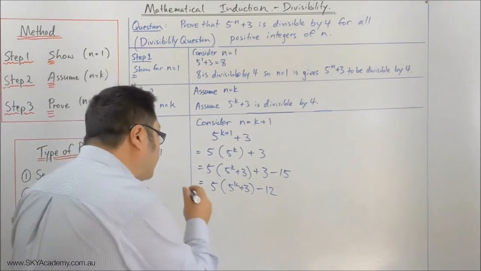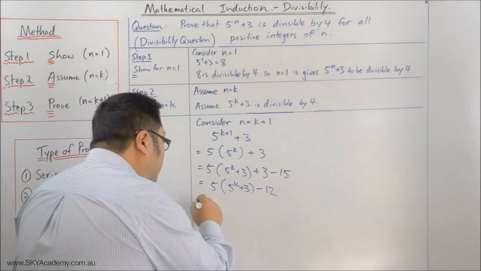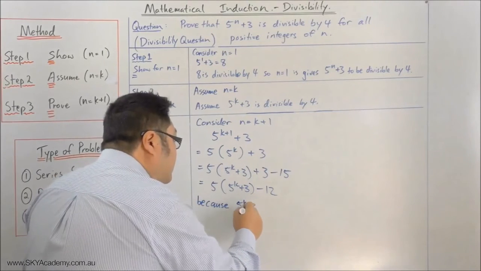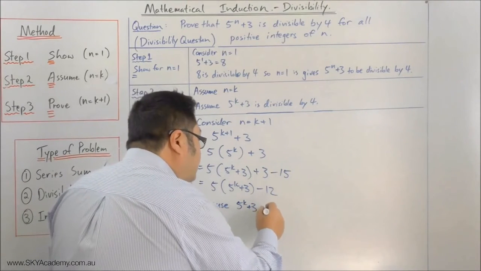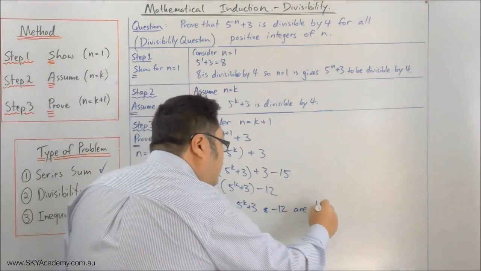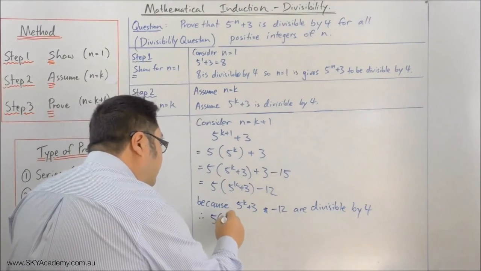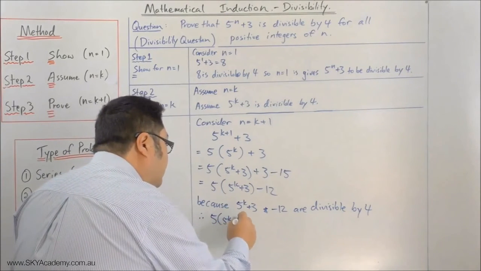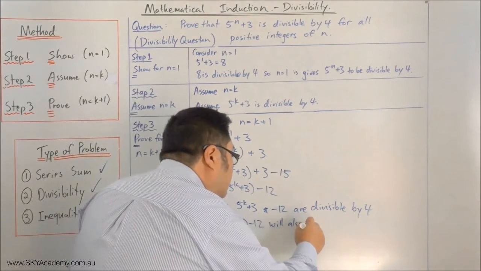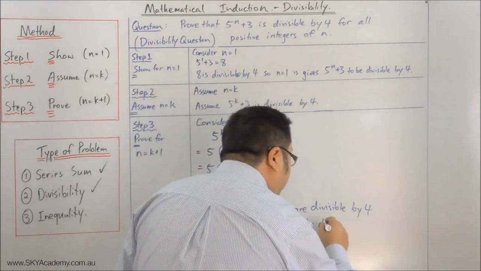In the next line we say this: because 5 to the power of k plus 3 and 12 are divisible by 4, therefore 5 lots of 5 to the power of k plus 3, minus 12, will also be divisible by 4.